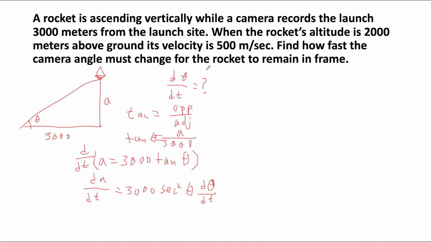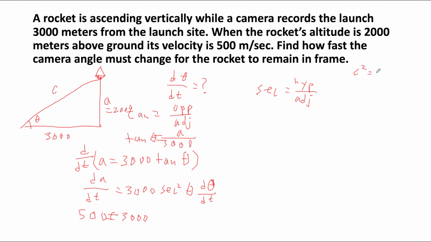And from here, what do we do? Well, we know dA/dt is 500 meters per second because that's how fast it's rising at this time point. So we can substitute that in, first of all. And that equals 3000 times secant squared theta. Well, first of all, let's start with what secant is. So secant equals hypotenuse over adjacent. And this is the adjacent, the 3000, but what's the hypotenuse, c here? Well, at this point in time, we know that the altitude is 2000, so we can use the Pythagorean theorem to calculate c, the hypotenuse.